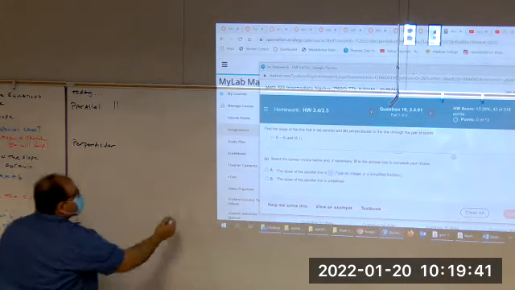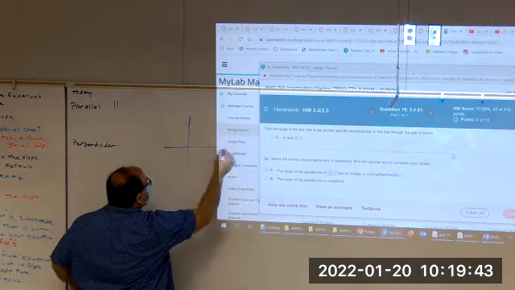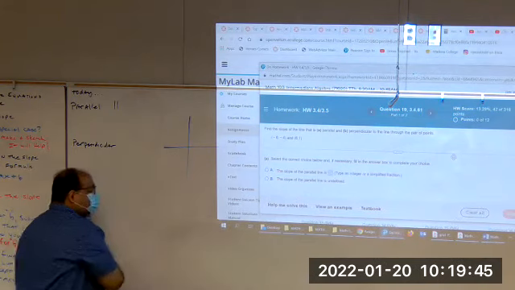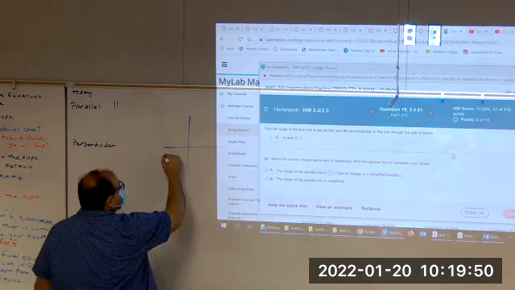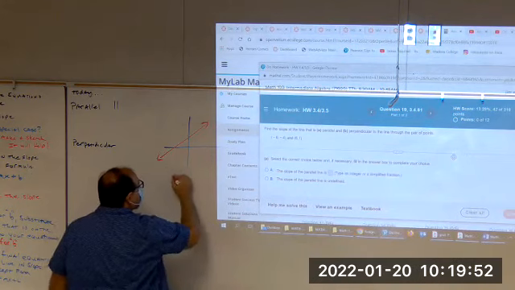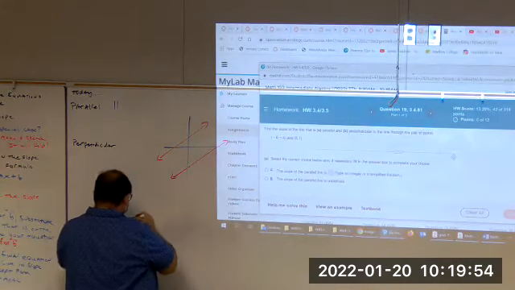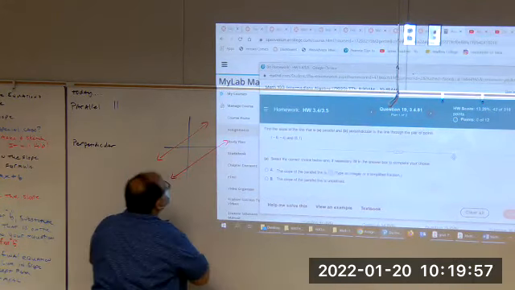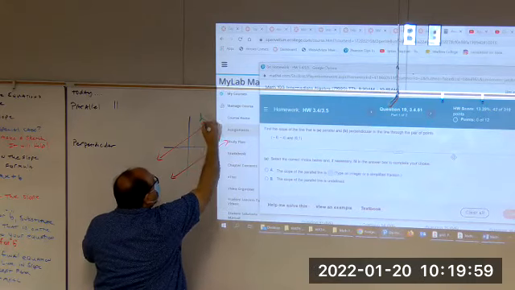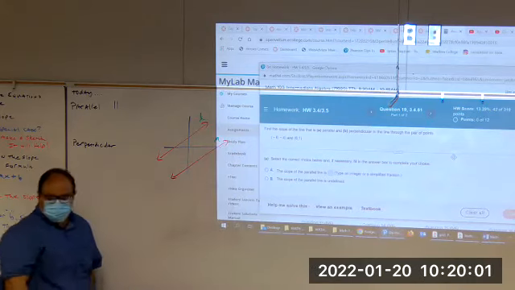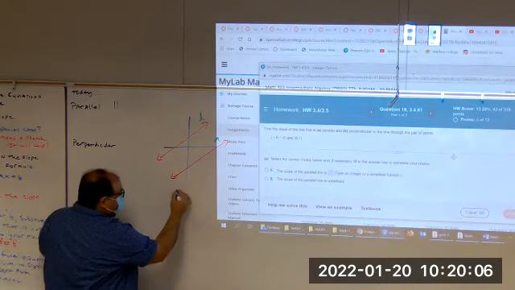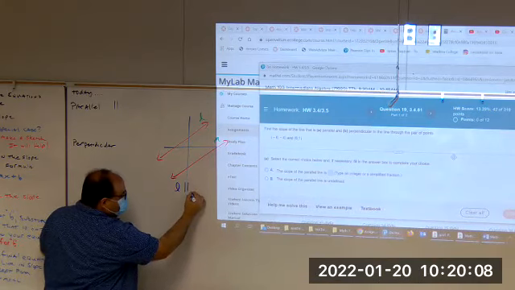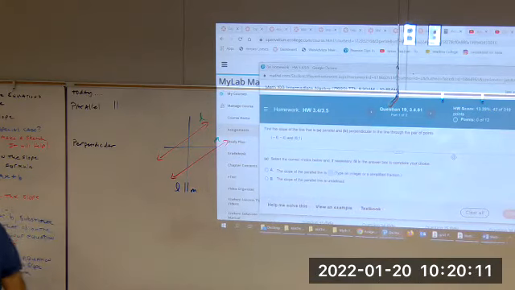If you had a picture, XY axis, and in geometry, you would have a picture of 2 lines, and those 2 lines might be labeled this. This is line L and this is line M. We would say that line L is parallel to line M. That's how you would write it with symbols.